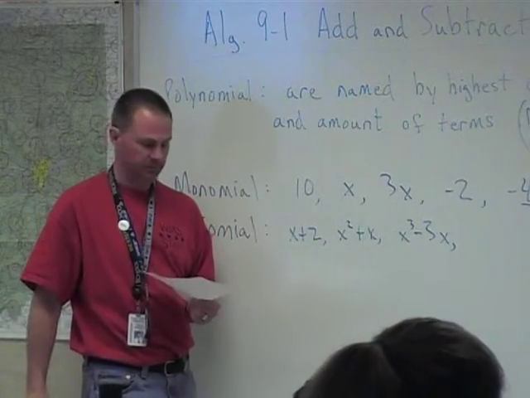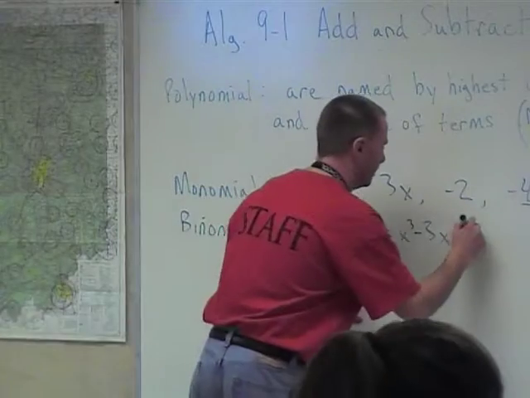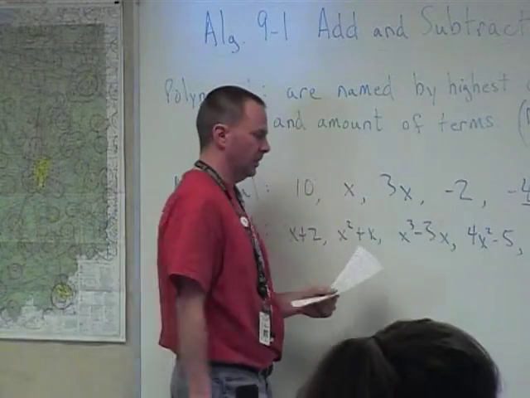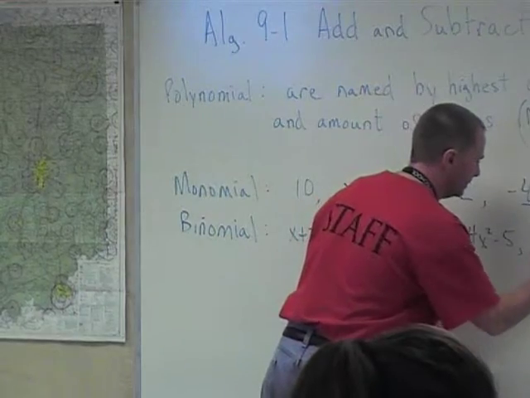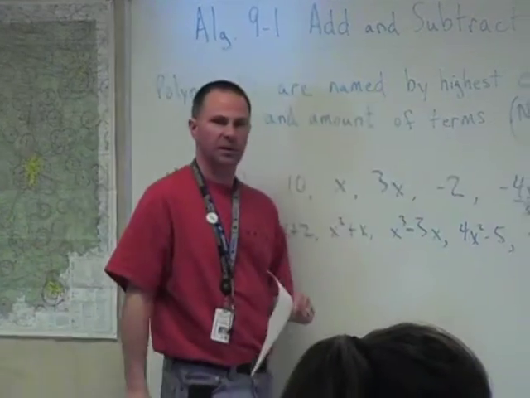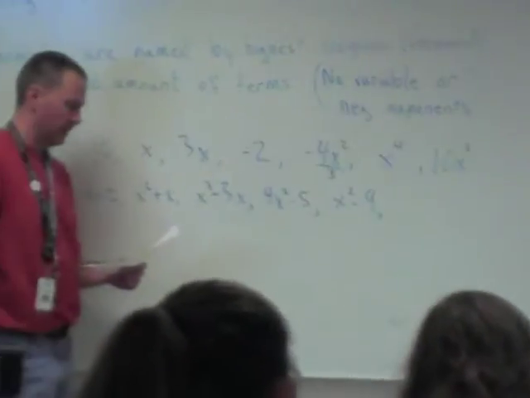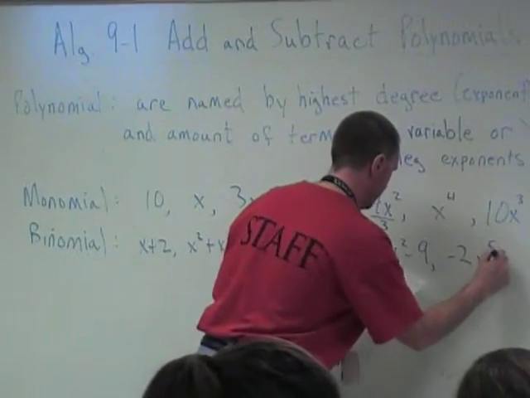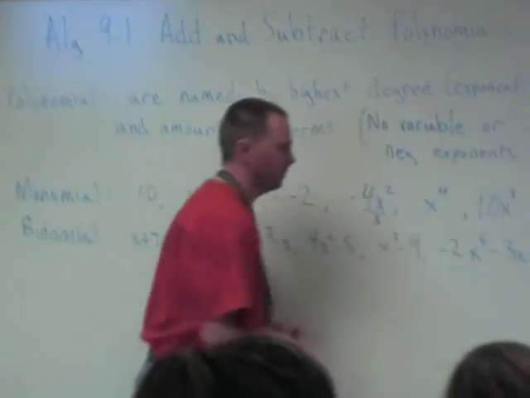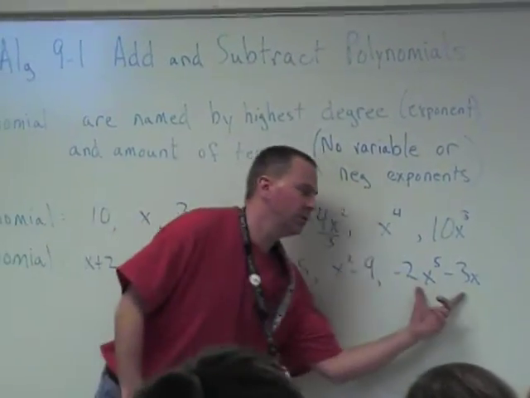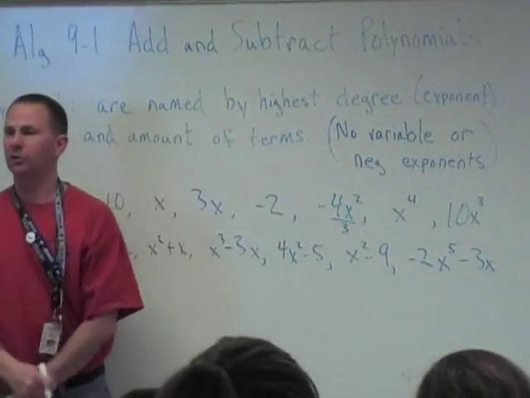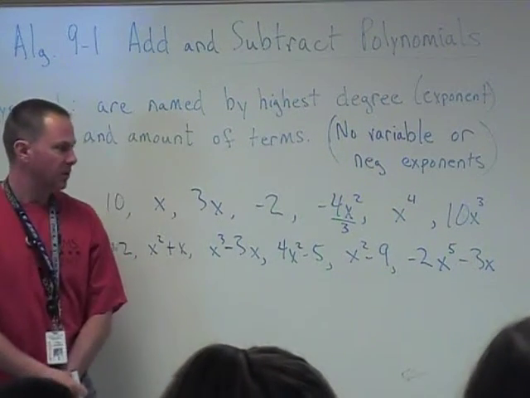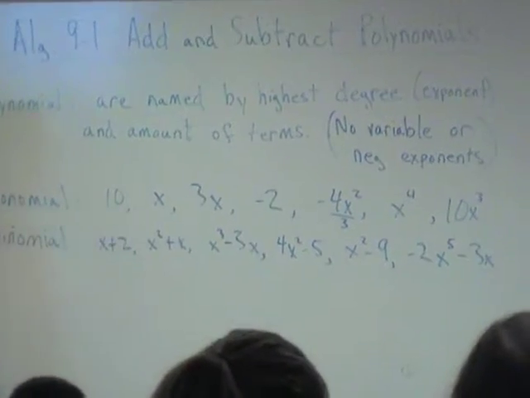That's a binomial. 4x squared minus 5, that's a binomial. x squared minus 9, two terms again. And negative 2x to the 5th minus 3x. That's only two terms. We've been talking about amount of terms all year. Okay? So those are all examples of binomials.